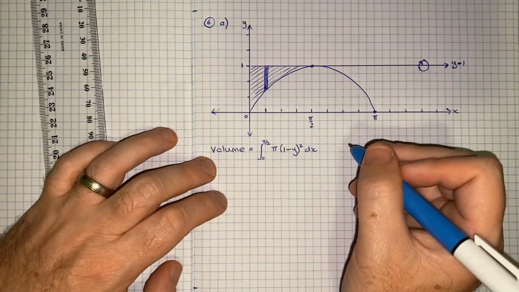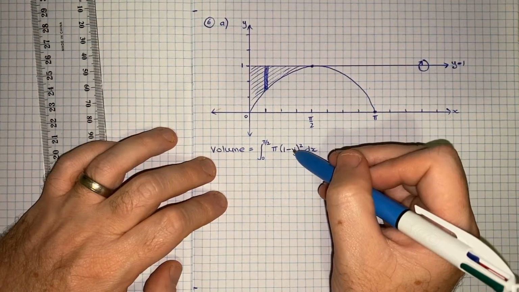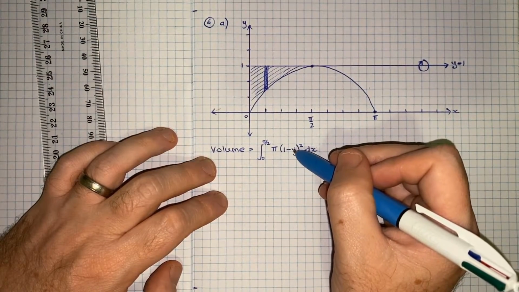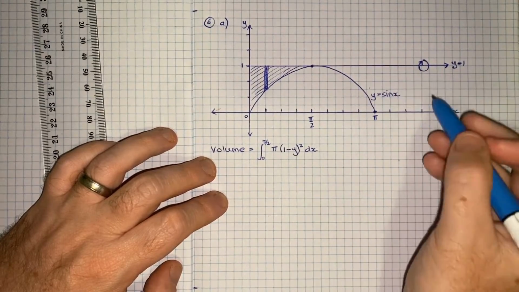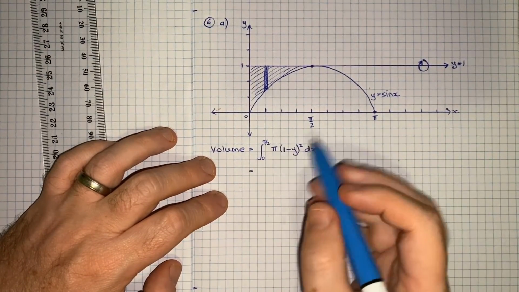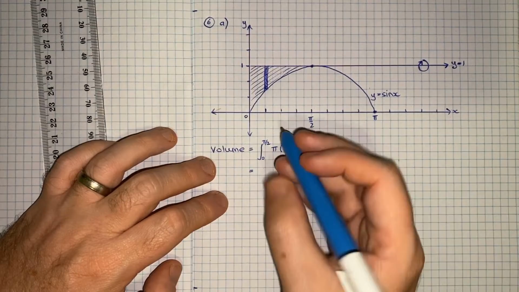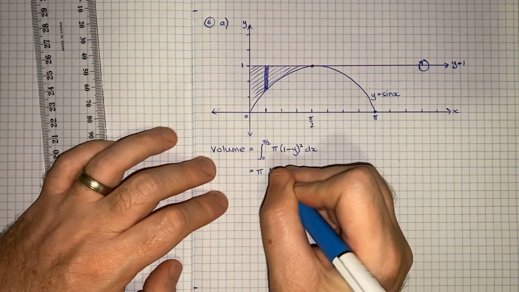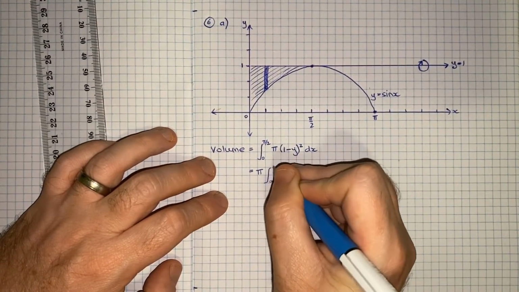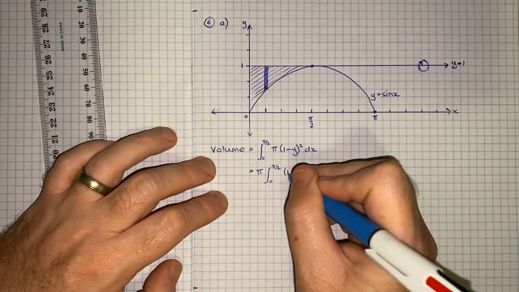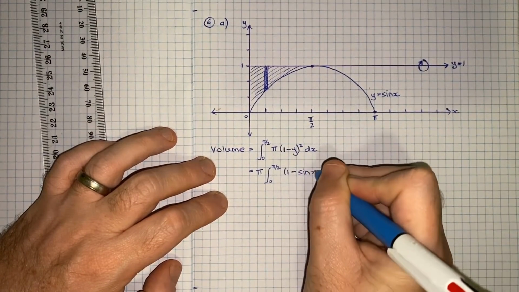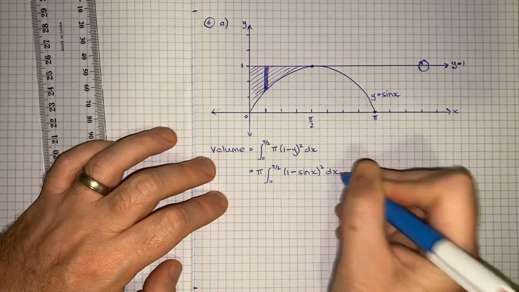So basically we just want to put y in there. Well, y is equal to sine x, that's the curve. So this will become, maybe I'll just bring the pi out because that's a constant, pi times the integral from 0 to pi on 2 of 1 minus sine x squared dx.